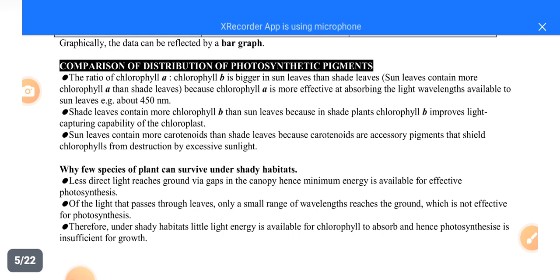sunlight. Then from there, this question is also common. They can ask why few species of plants can survive under shade habitats. We are saying number one, there is less direct light that reaches the ground via the gaps in the canopy, hence minimum energy is available for effective photosynthesis.